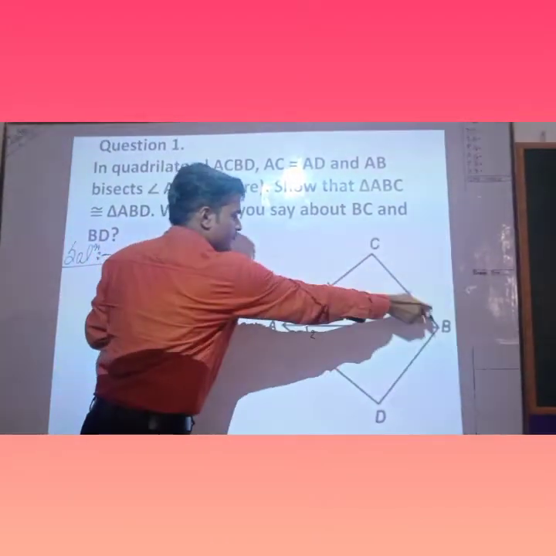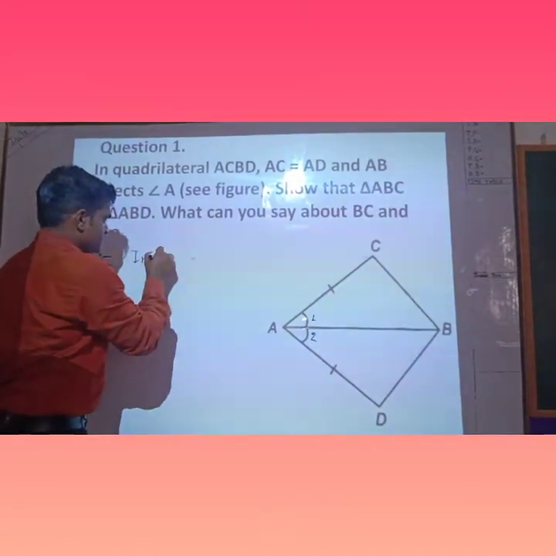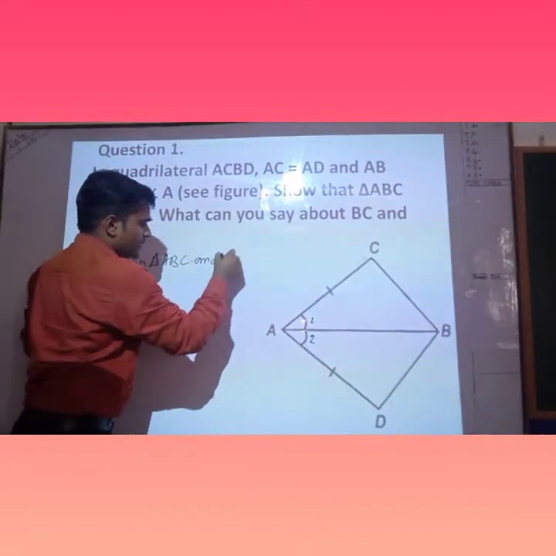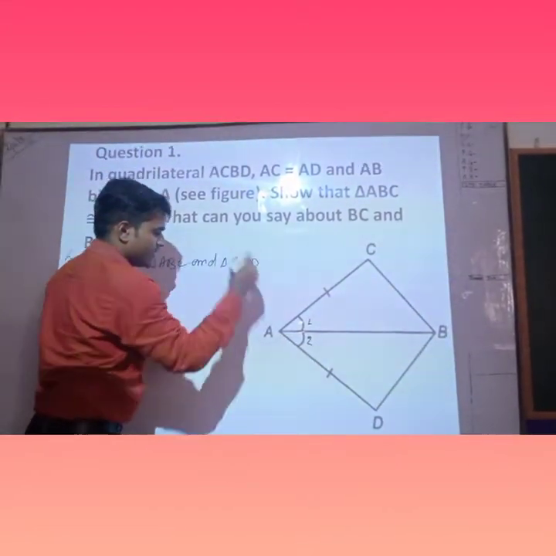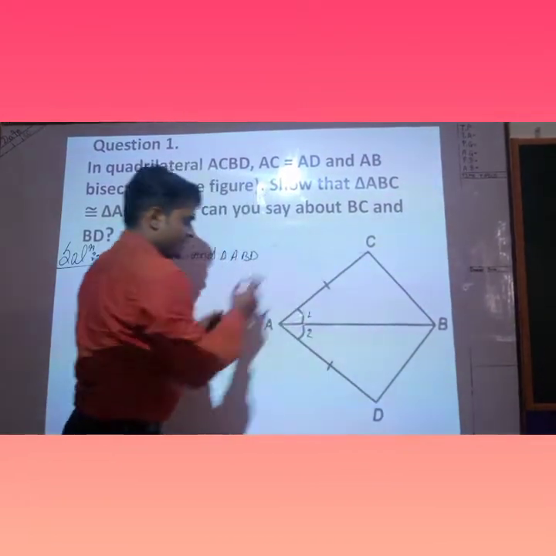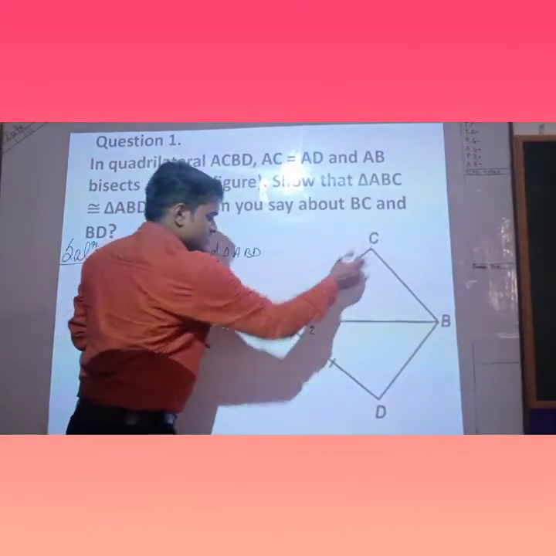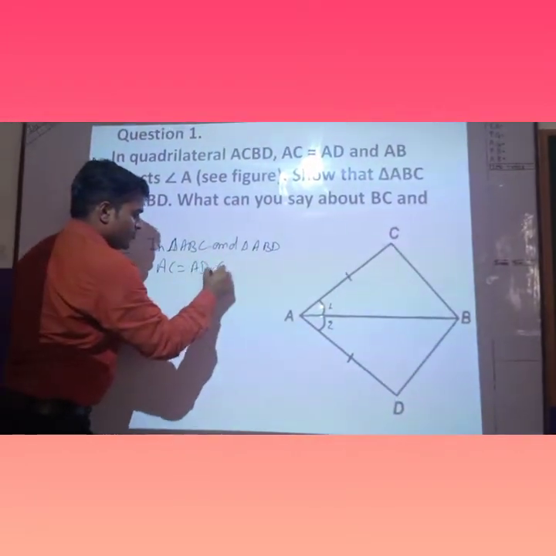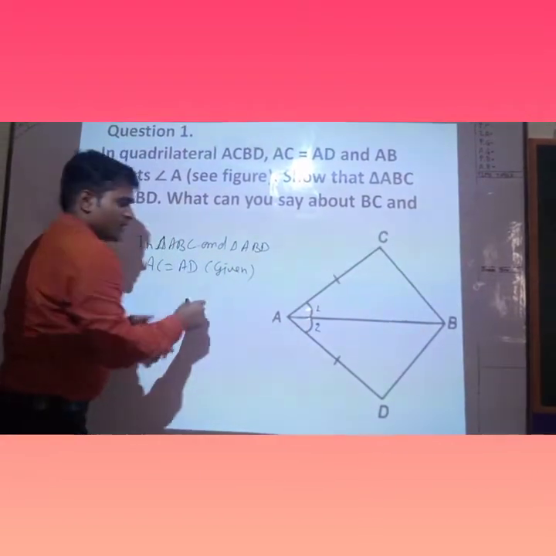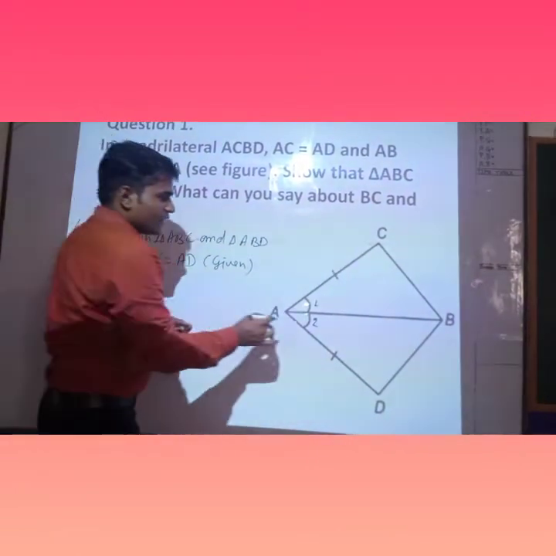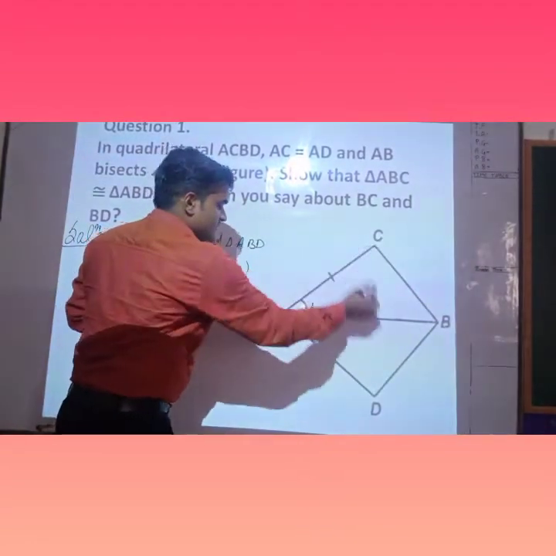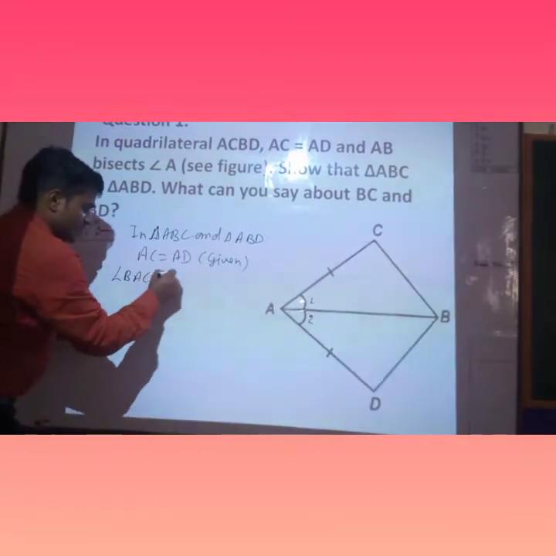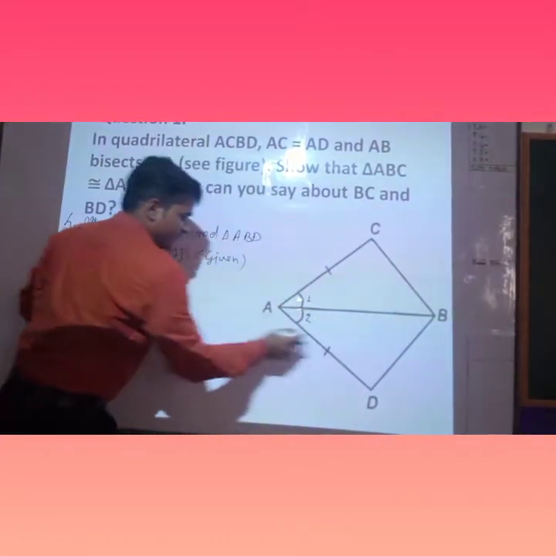So, let us see. In triangle ABC and triangle ABD, children, here AC is equal to AD, which is given. Both are equal. And angle BAC is equal to angle BAD.